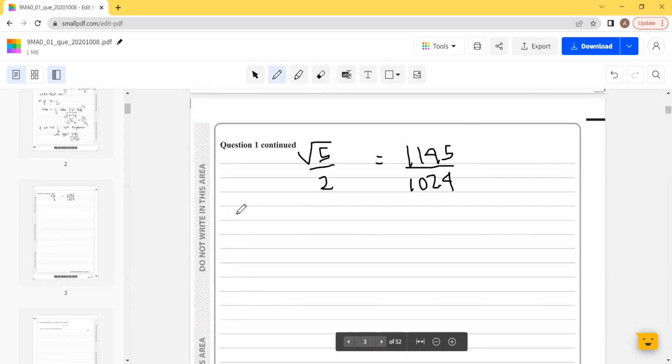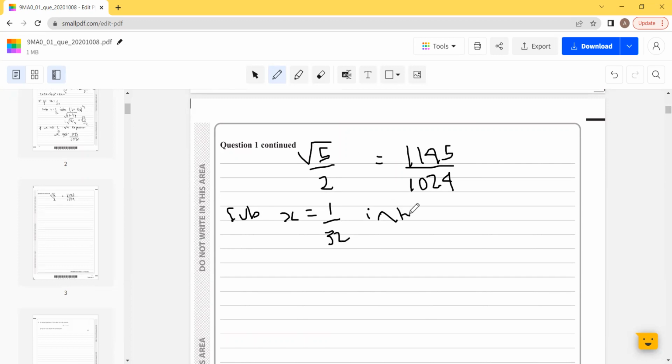So all we've done is sub x equals 1 over 32 into the expansion. And then once we do that, we can clearly see we have to multiply this value by 2 to get root 5. So sub into the expansion and then multiply by 2. That's all we have to do.